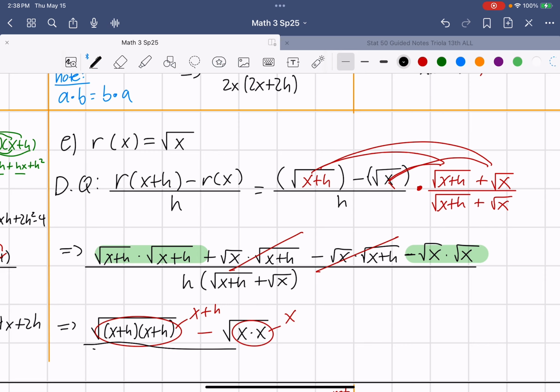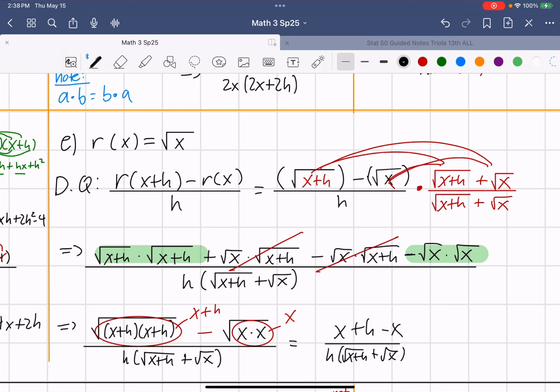The denominator is still h times square root of x plus h plus square root of x. And that's equal to x plus h minus x all over h times square root of x plus h plus square root of x.